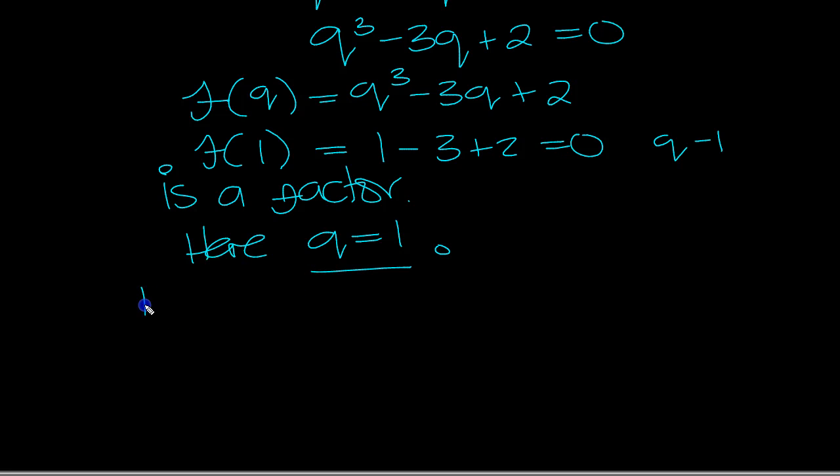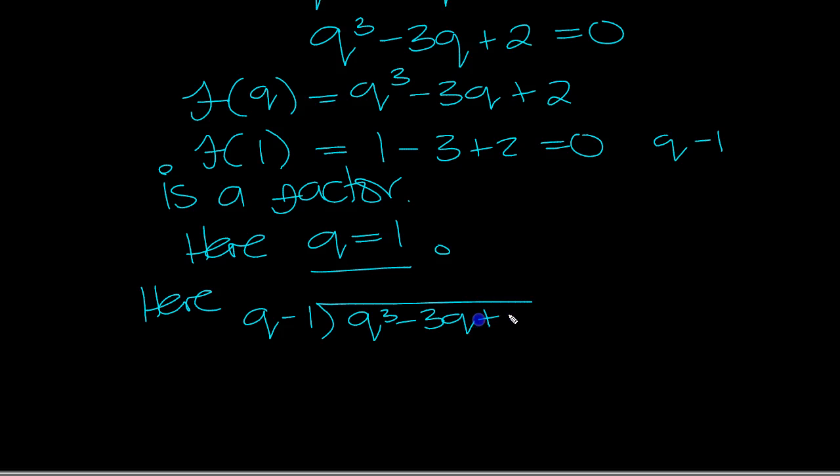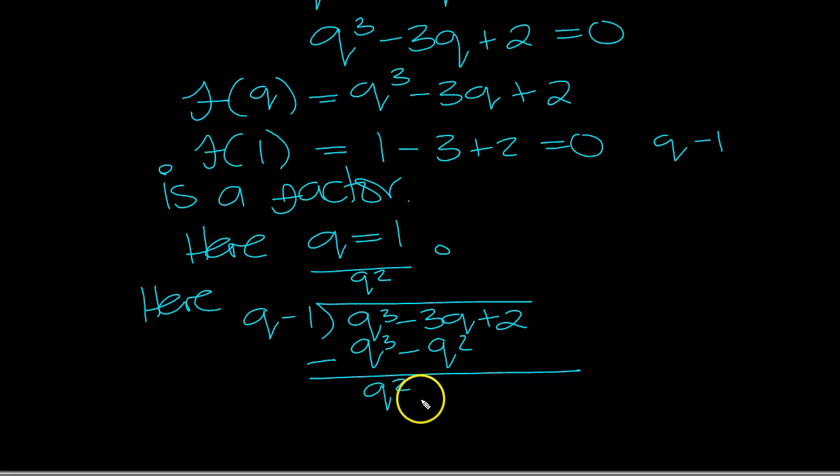So here, q minus 1, let's divide that into the q cubed minus 3q plus 2. And we get q squared. Multiply through and subtract. 0 minus q squared is q squared. Minus 3q minus nothing, plus 2 minus nothing. Then it's going to be plus a q.